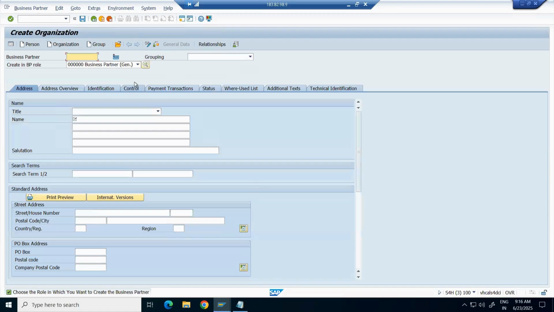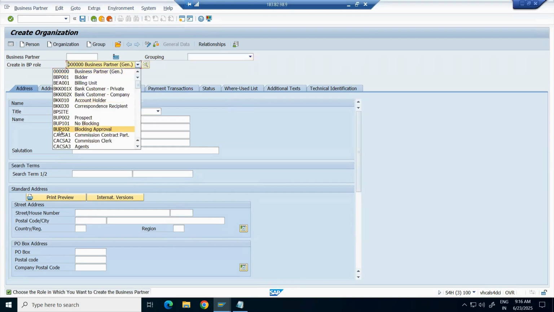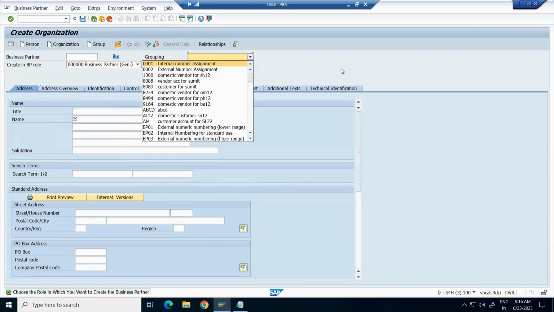Sorry, I made a mistake. Not customer. I have to define the business partner first. Under business partner only, I have to select the BP role first, then I will go to the account group.